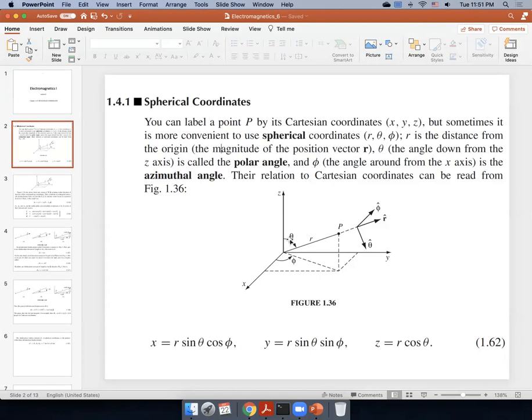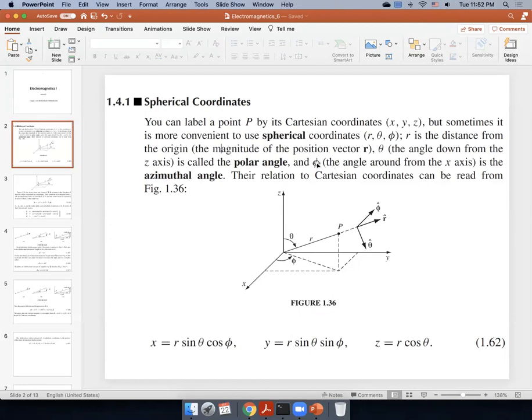The range of theta is from 0 to pi, or 180 degrees. If theta is 0, that means the vector is going up, parallel to the z direction. If it's pi, meaning 180 degrees, the vector is going down, in the negative z direction.